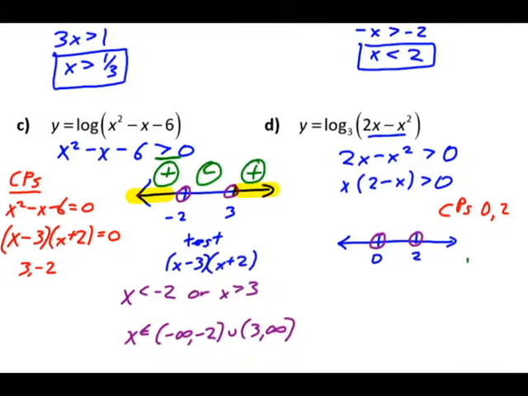We can use our shortcut by testing a very large number. We'll have a positive number times 2 minus 10,000, which is a very negative number. And so our rightmost interval will be negative. Our multiplicities are both 1, so we alternate.